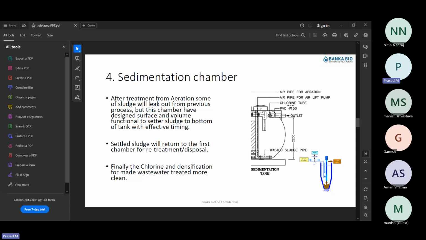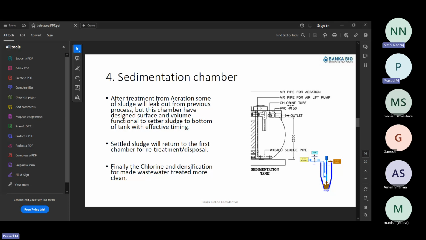So this is the advantage of the Johkasou system. Another advantage I would like to highlight: you require less space as compared to a conventional system. You can install this plant within 1 to 2 days, and we can save civil cost also. The client only has to do the excavation if they want to install underground.